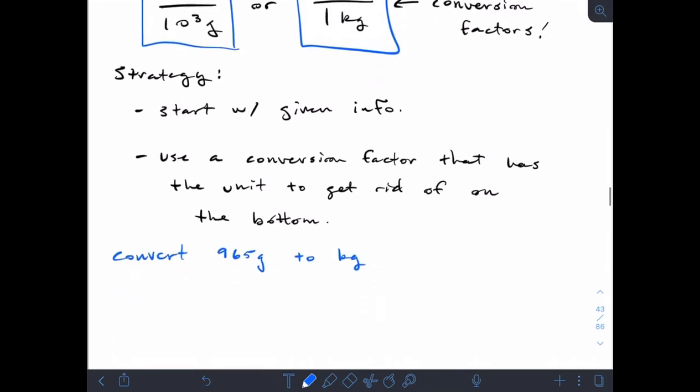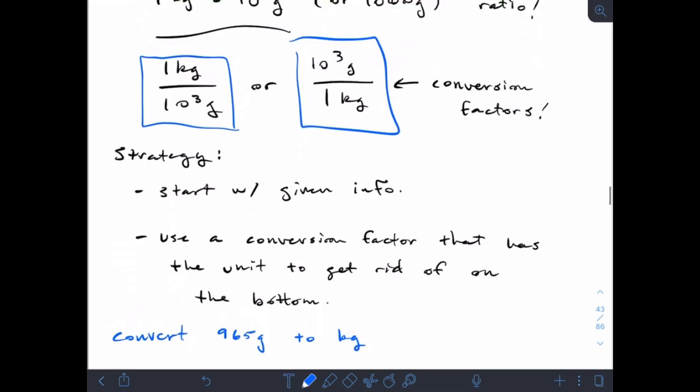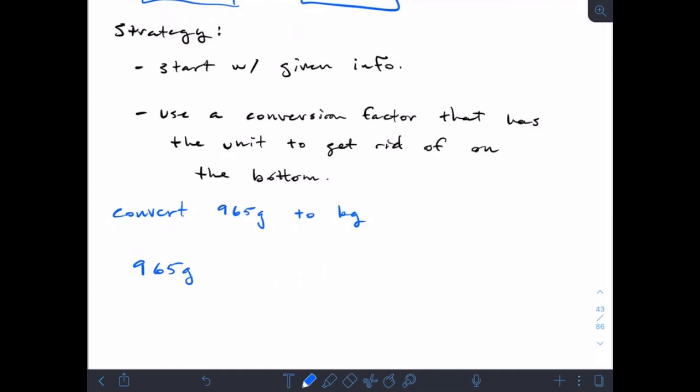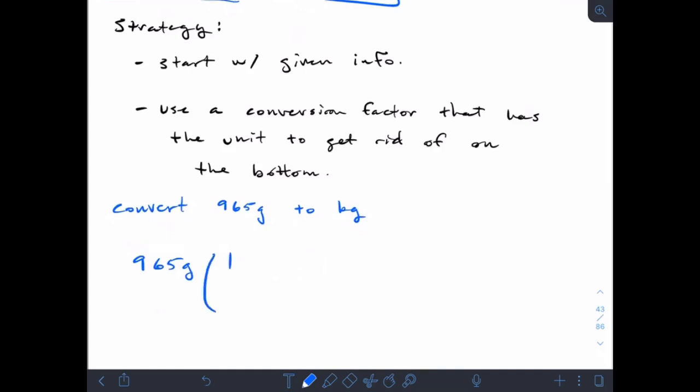So I'm going to start by writing my given information, 965 grams. Then I'm going to pick a conversion factor that has grams on the bottom. That's this one right here, the first one. I'm going to write that as a fraction: 1 kilogram equals 10 to the 3 grams.